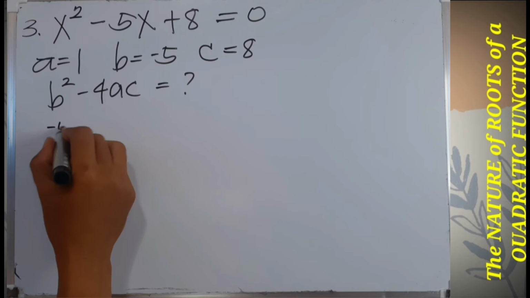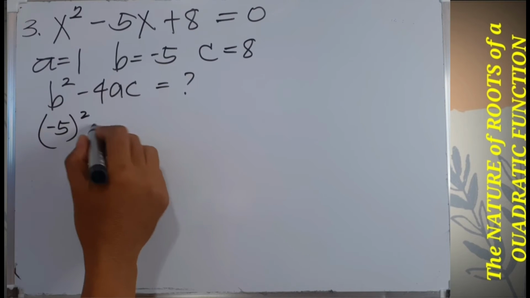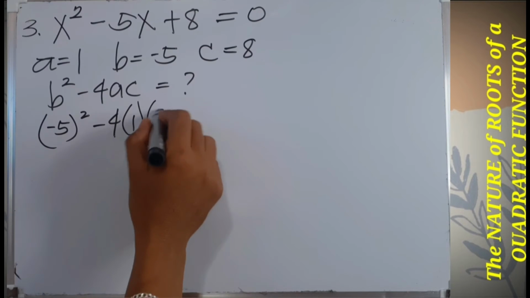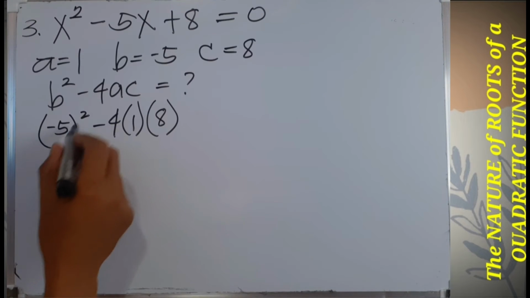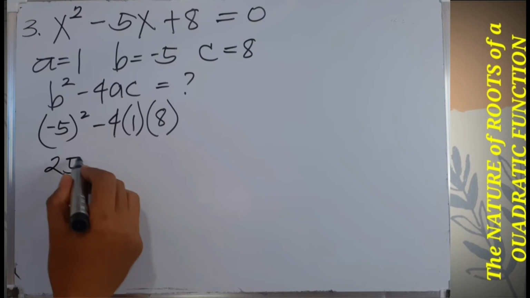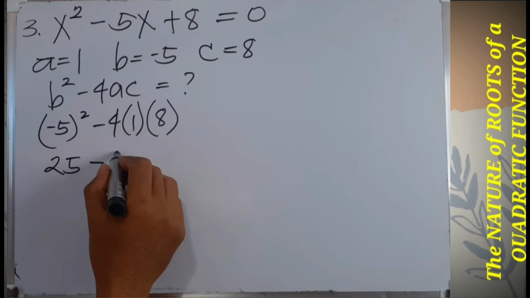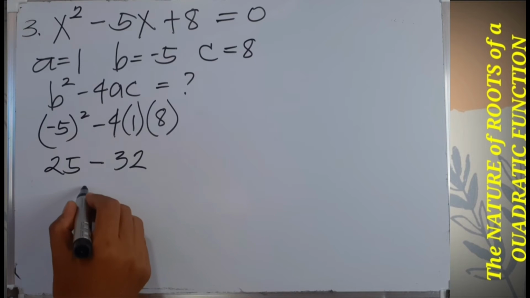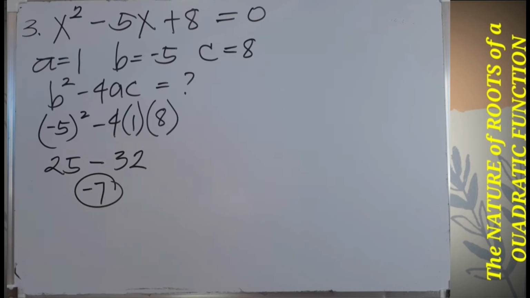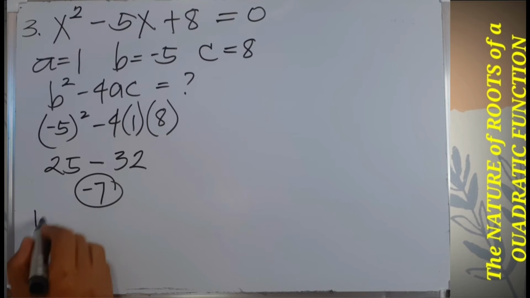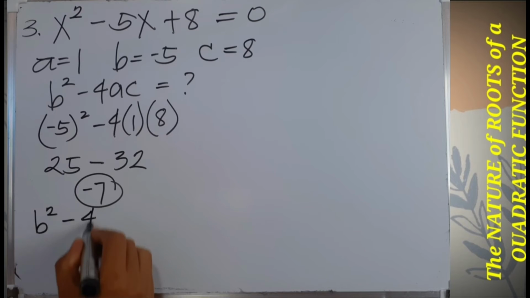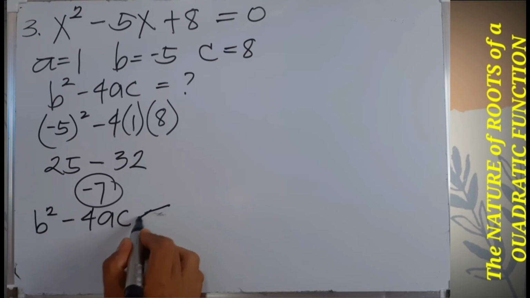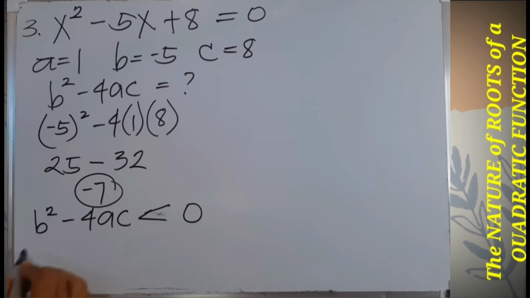B squared is negative 5 squared minus 4, a is 1, c is 8. Negative 5 squared is 25 minus 4 times 1 times 8 is 32. 25 minus 32 is negative 7. Therefore, we can say that the discriminant value is less than 0.